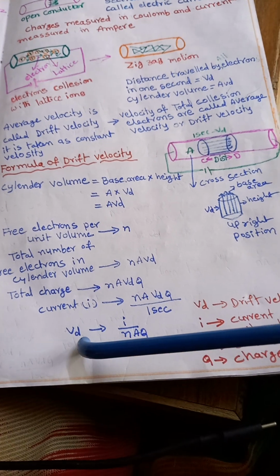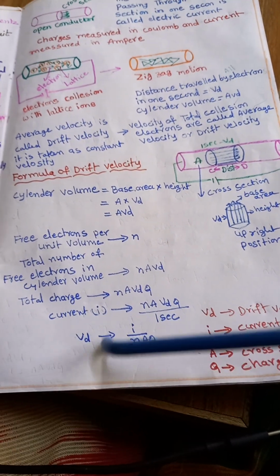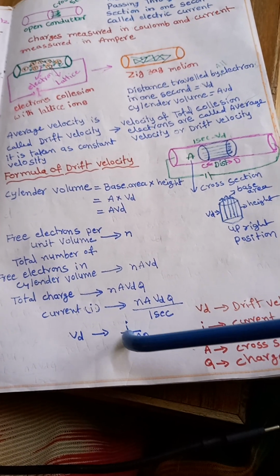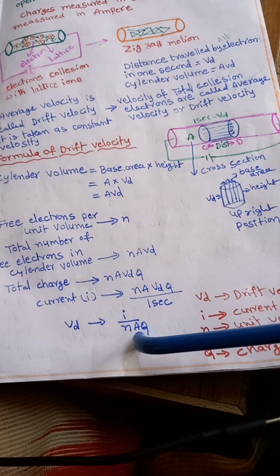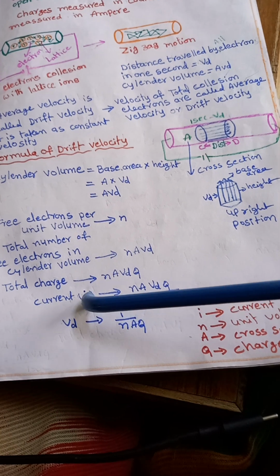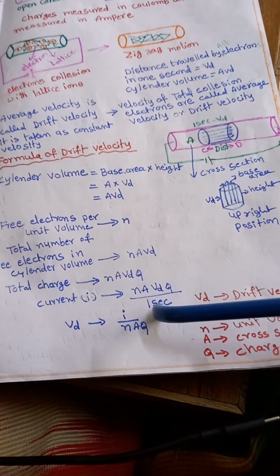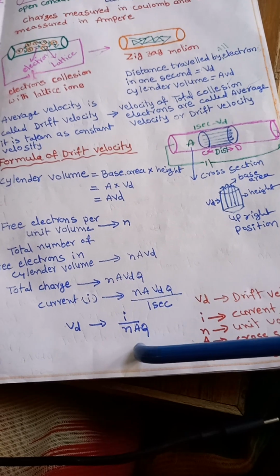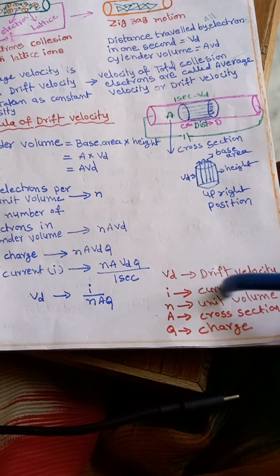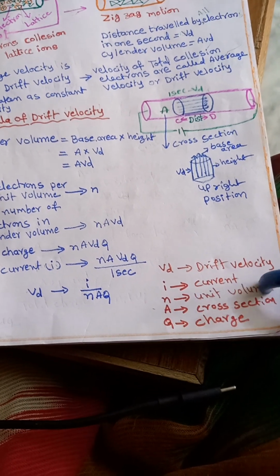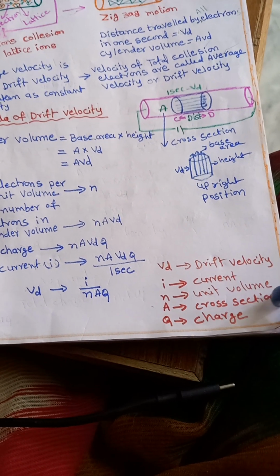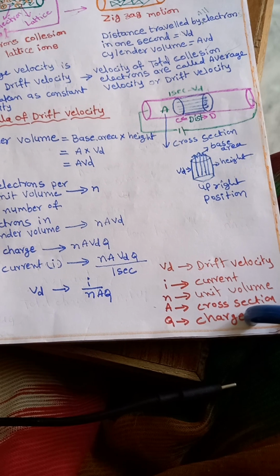So the drift velocity Vd is equal to I by N A Q. Here Vd means drift velocity, I means current, N means free electrons per unit volume, A means cross section, and Q is the charge.